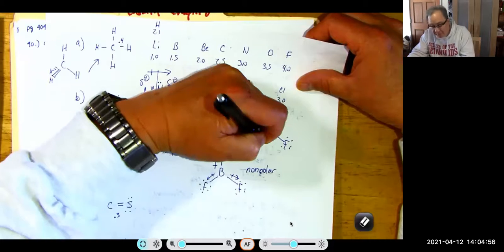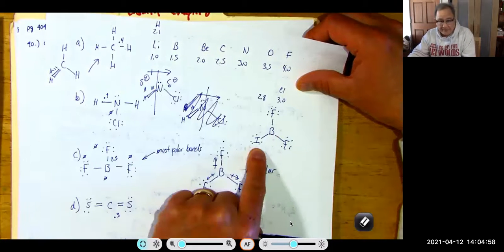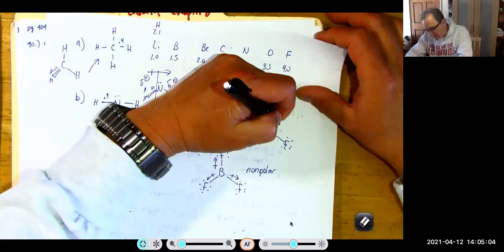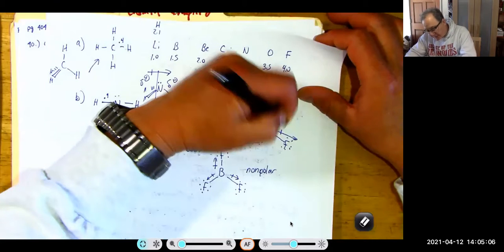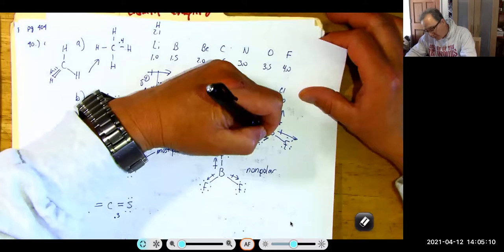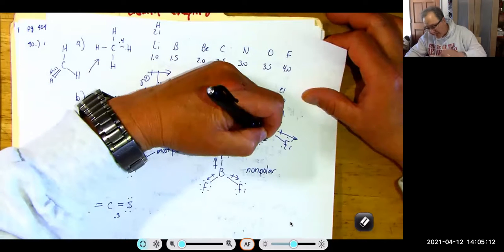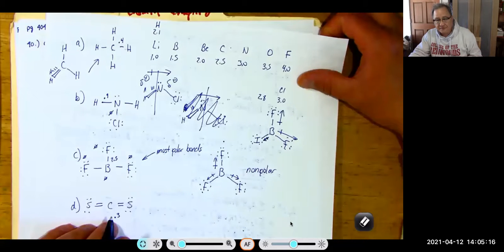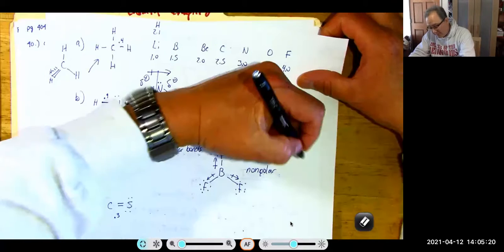Now, iodine is much less polar than fluorine. So you're the dog walker, and you've got these two big German shepherds pulling you this way, and this one little chihuahua that is pulling you in the opposite direction just slightly. Which way are you going to go? You're going to go in that direction, right?